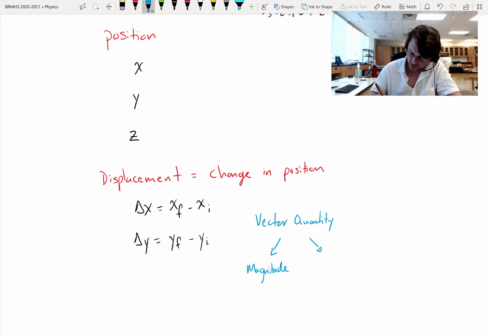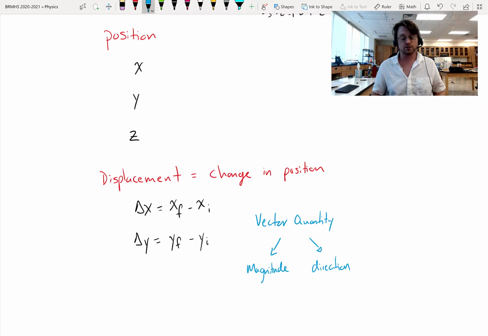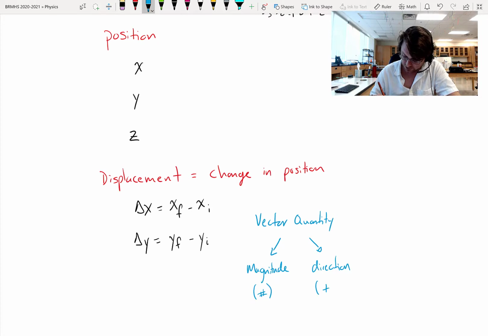And it also has a direction. So in our case with linear kinematics, it can either move in the positive or the negative direction when it changes position. So remember, magnitude is going to be a number, and direction is, for right now, just going to be symbolized by either a plus or a minus symbol. Later you can also use an angle to indicate direction, or something like north, south, east, west.